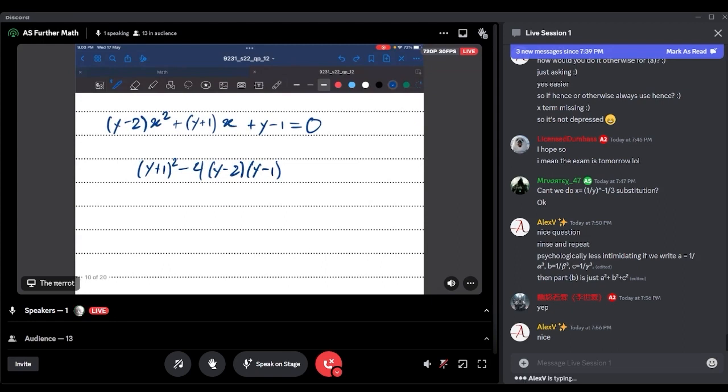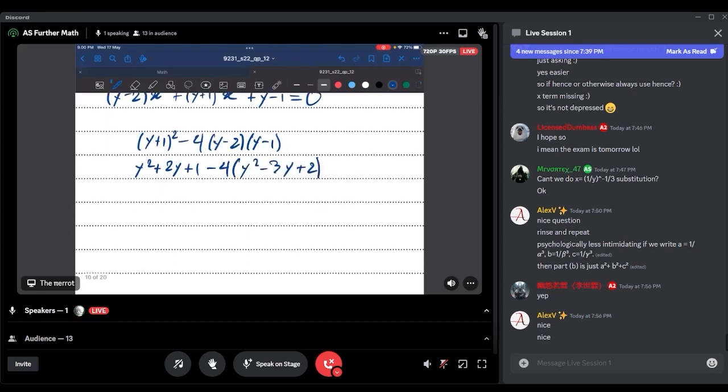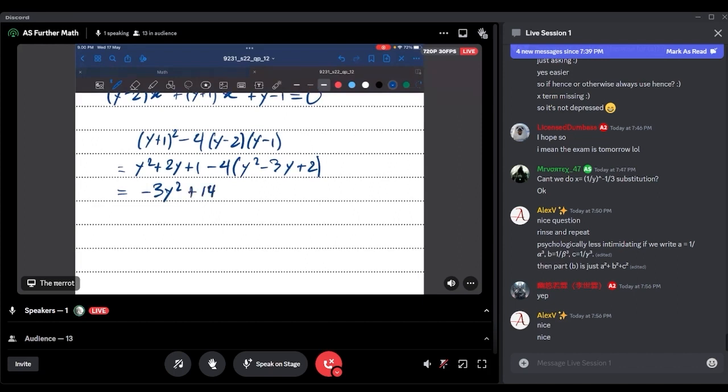Okay, so how do you simplify this? Let's just simplify this first. So we have y squared plus 2y plus 1 minus 4 times y squared minus 3y plus 2. Simplify one more time. 3y squared, then 14y, minus 8 plus 1, so minus 7.